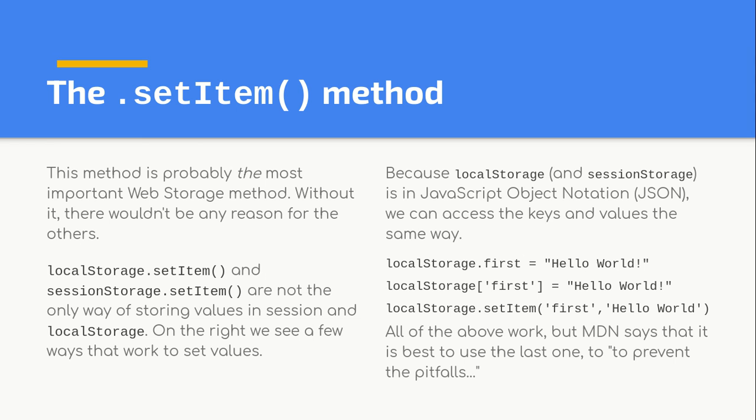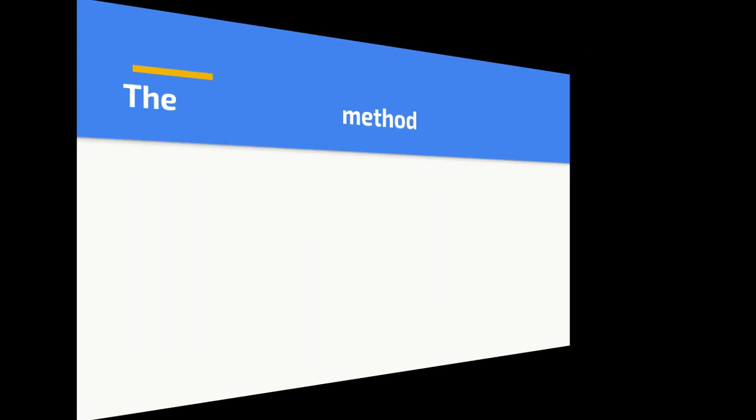And MDN says that it's best to use the .setItem because it helps prevent pitfalls with declaring things, and things could get messed up in the declaring stuff. But I have a link at the end for more information on that.